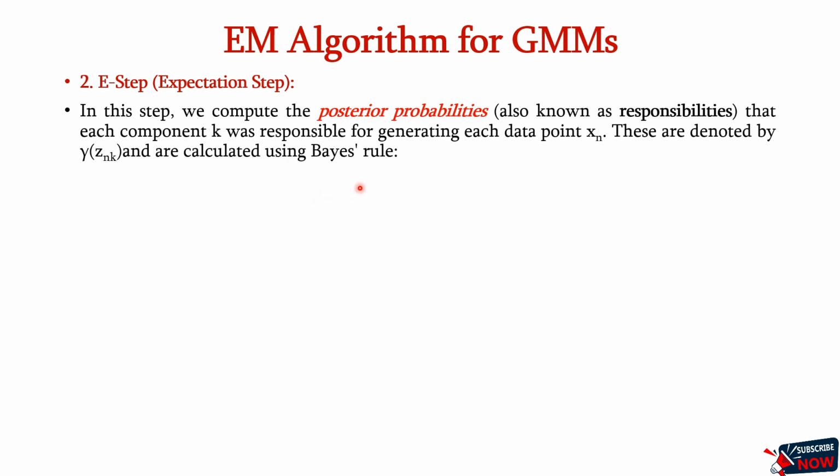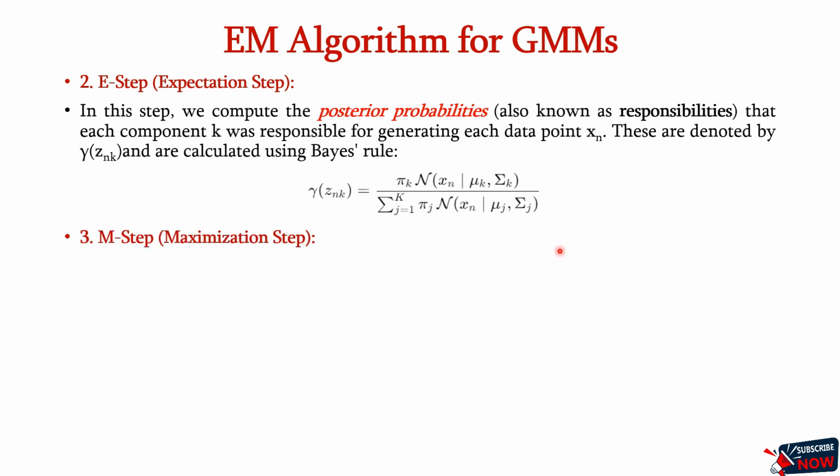This is calculated using the Bayes rule, which we have seen in our previous lecture. So gamma of z n k can be expressed as pi k into normal distribution of xn given mu k, sigma k divided by summation of j equal to 1 to K pi j into normal distribution of xn given mu j, sigma j.